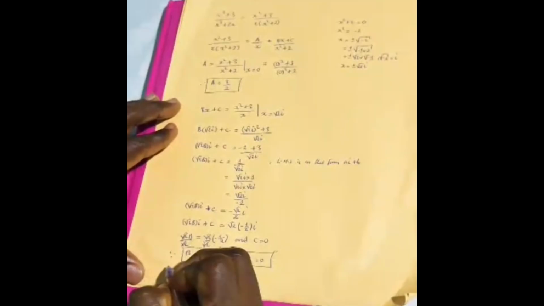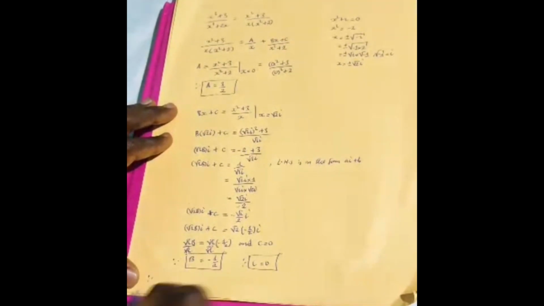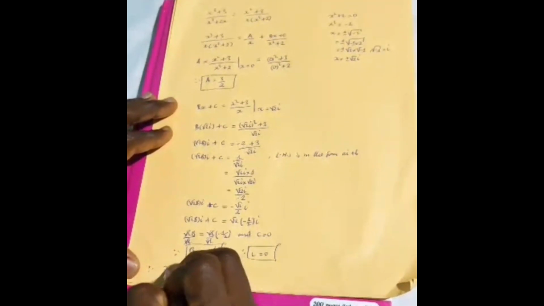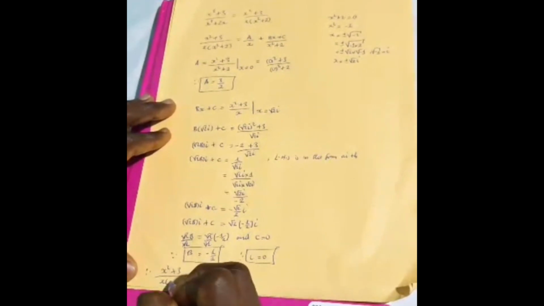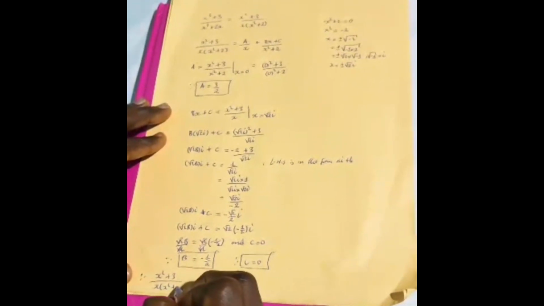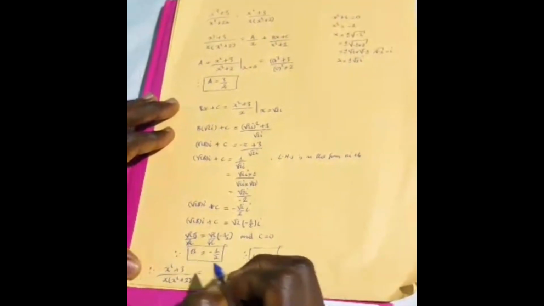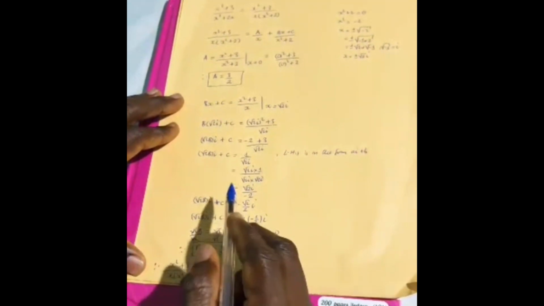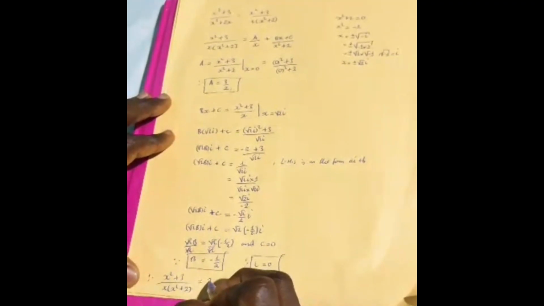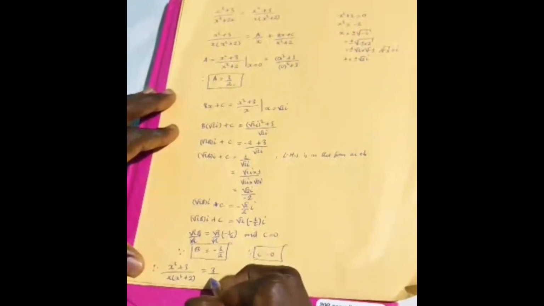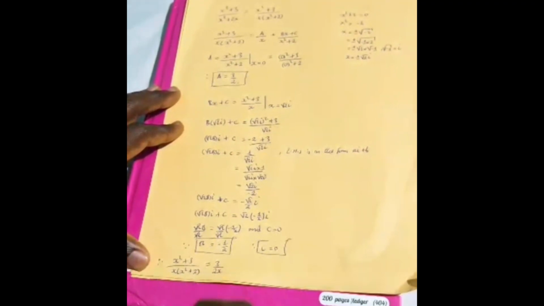So we have that, therefore, our fraction x squared plus 3 divided by x into x squared plus 2 equals, now we have that our a was 3 on 2 as above, so we're going to have 3 divided by 2 times x, which is 2x.